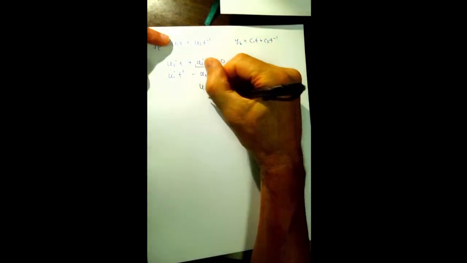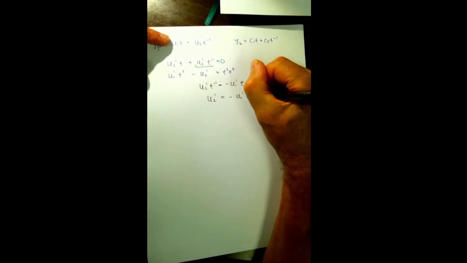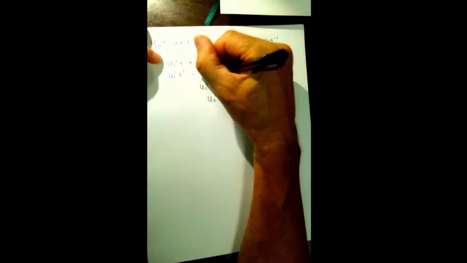So u2 prime t to the minus 1. I subtract u1 prime t from both sides, multiply both sides by t, and I get u2 prime is minus u1 prime t squared. Okay, so let's plug that into here.